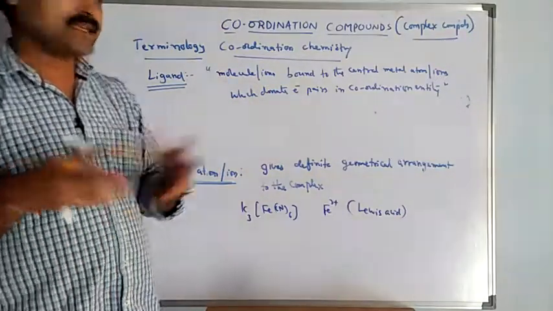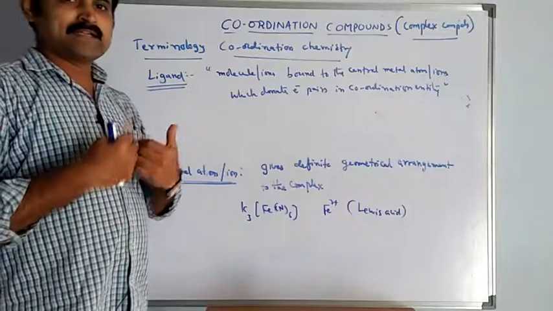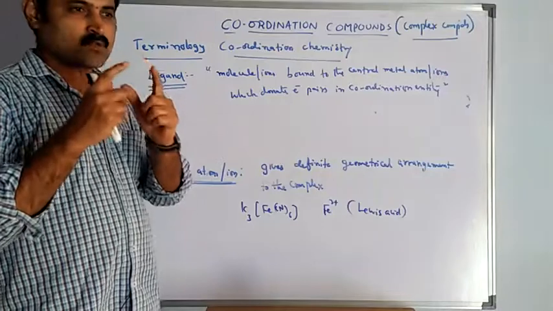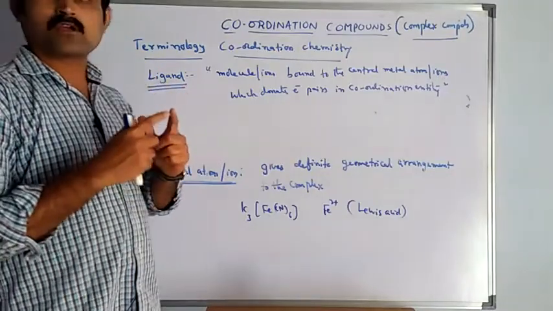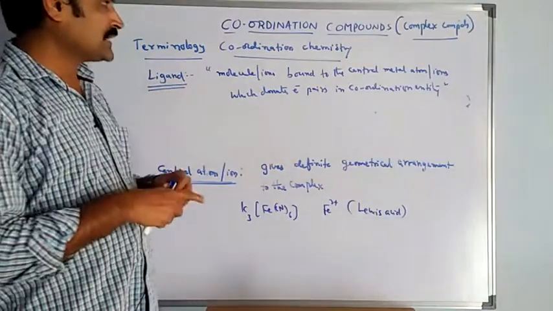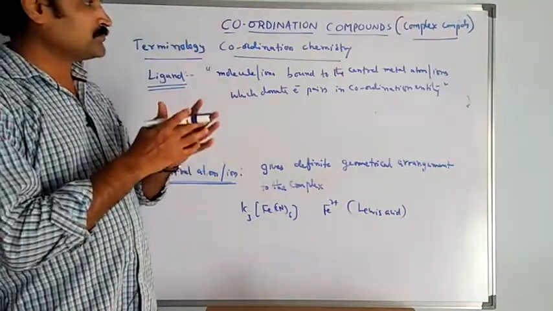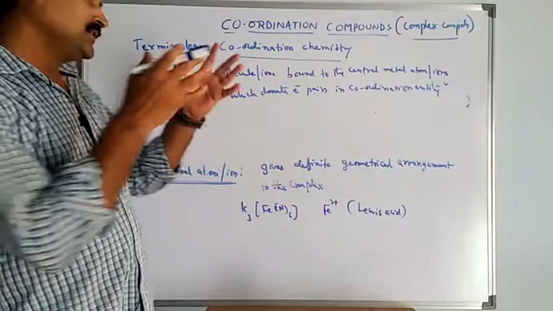So the reason is nothing but donating and accepting. Donor and acceptor behavior is one of the important types of chemical bond, which is called the coordination bond between metal atom and ligands.